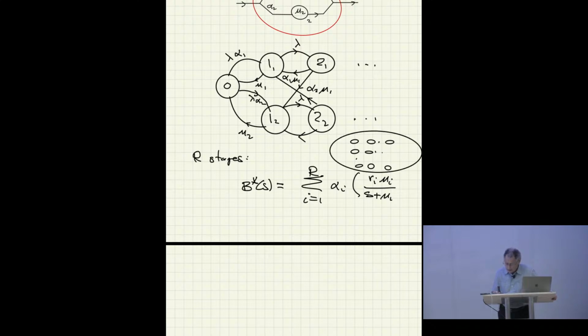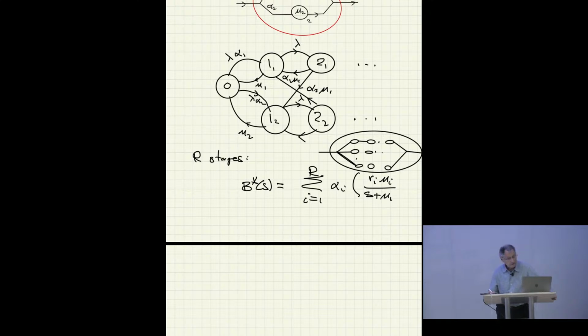When the customer comes in, they choose one of R possible stages. And when they choose a stage, they march through, and they finally leave. There's no crossing once you hop along that chain. But each one of these has a different mu i and a different number of stages.